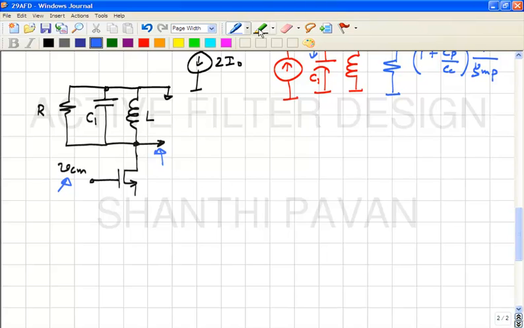This is an open circuit, so incremental current in the drain due to a change in the common mode is 0, correct? So in principle there should be no change in the output common mode voltage.